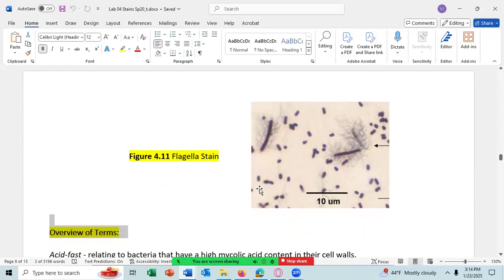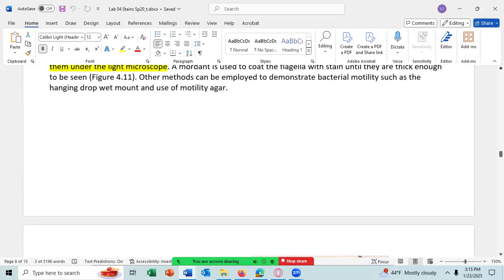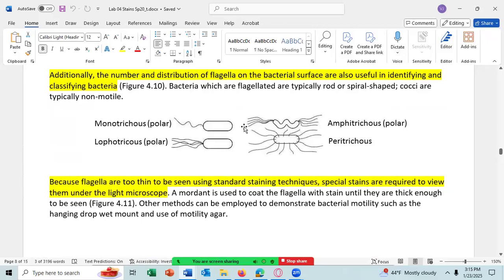What's going on is when the cell is first made, meaning the cell just divides and then the cell is first made, it doesn't have a flagella yet because the cell hasn't made any. And then it will make one and it will be monotrichous. And then it'll make more and it'll be lophotrichous. And then it'll make more and it'll be amphitrichous. And then it'll make more and it will be peritrichous.